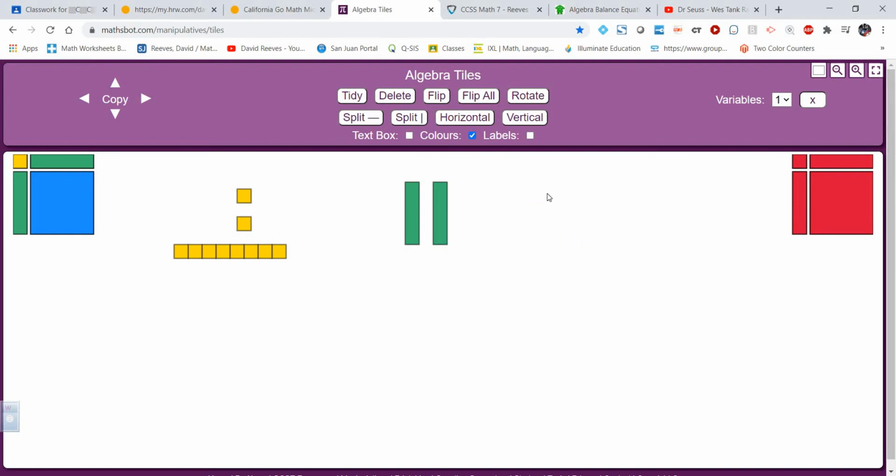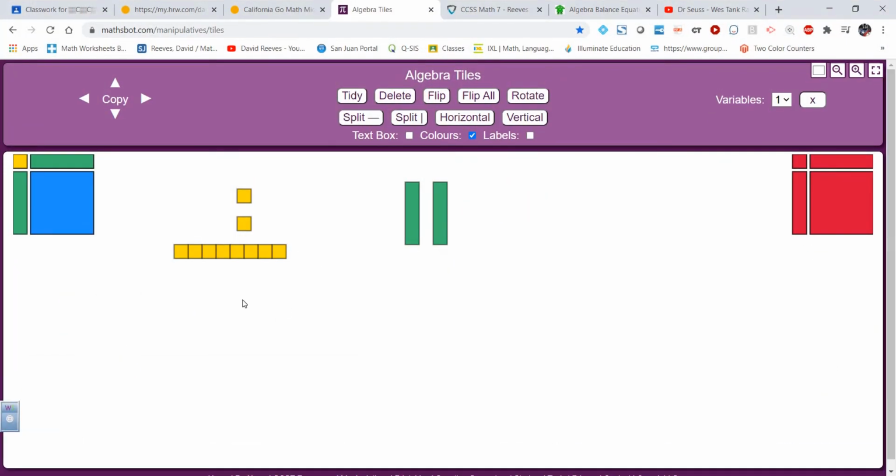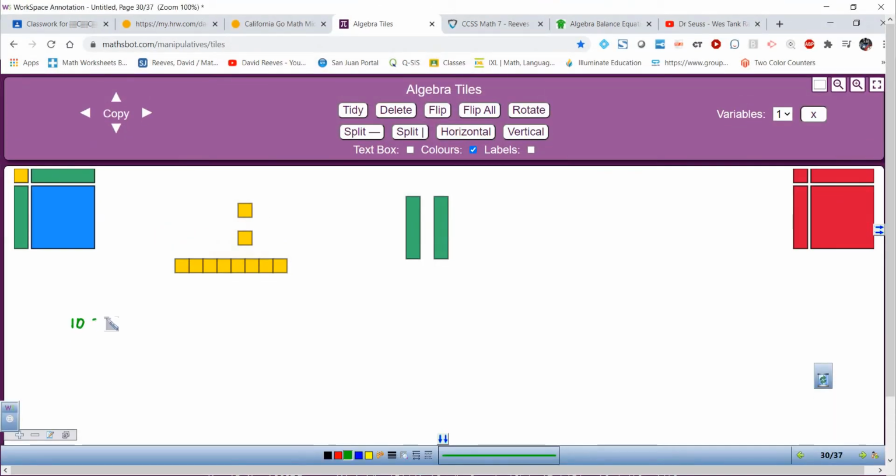And so now what do we have? All right, now we have this equation right here. We've got 10 is equal to 2x, right? So what do we need to do? We need to divide both sides by 2. And when we're done, we're going to get 5 is equal to x, or x is equal to 5.